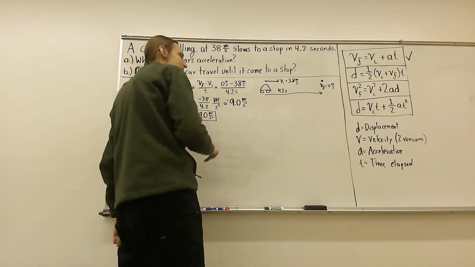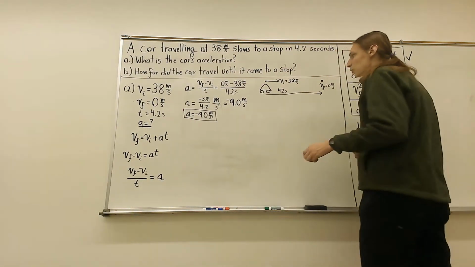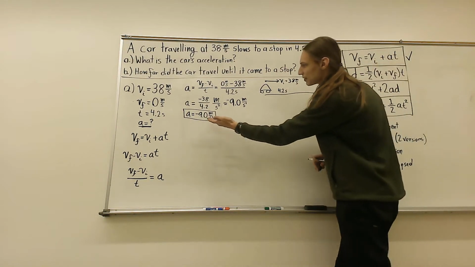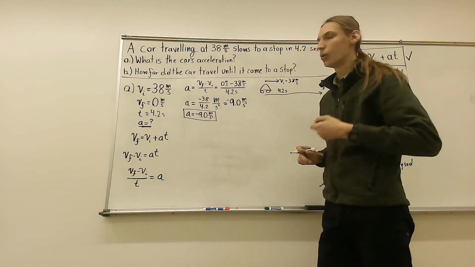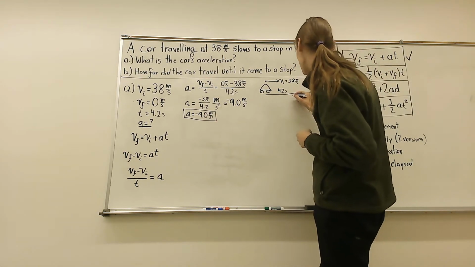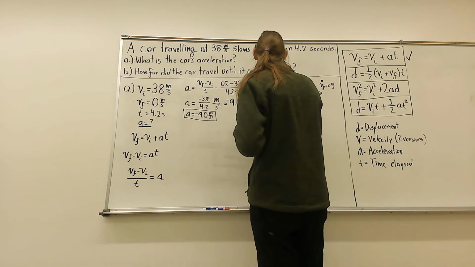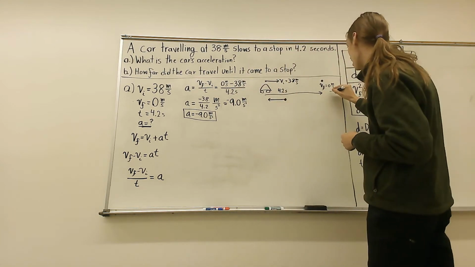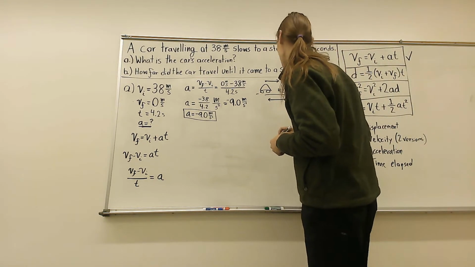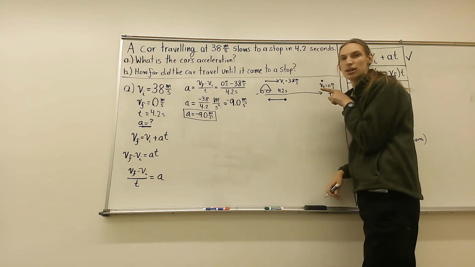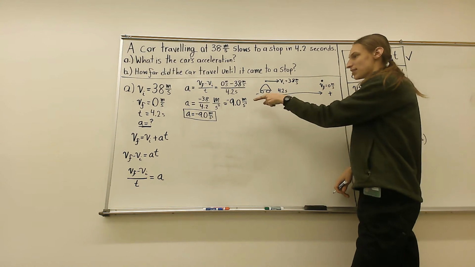So let's go back to our picture. What does it mean that this acceleration is negative? Well, all that means is that the acceleration is pointing backwards. So it's pointing to the left. If this side is our positive and that's our negative, a negative acceleration means an acceleration that is pointing that way.